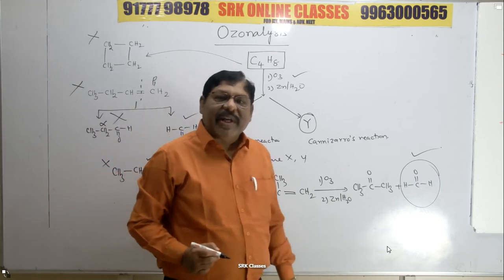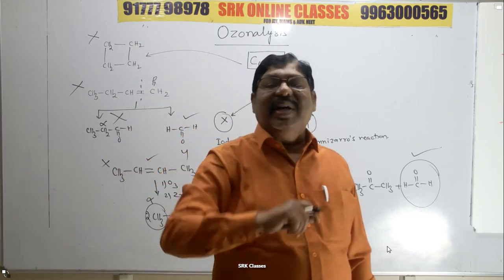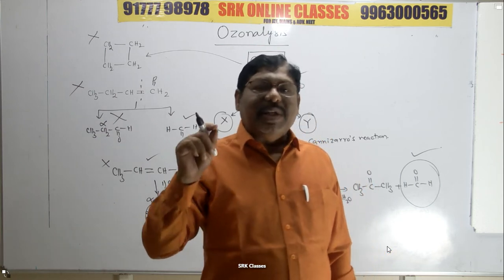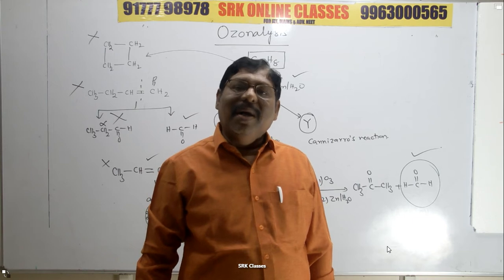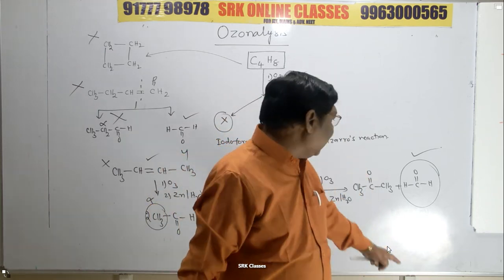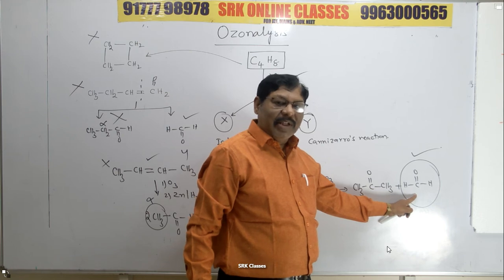What is the condition for the Cannizzaro reaction? Carbonyl compounds which do not have an alpha hydrogen atom, in the presence of alkali, undergo disproportionation to give an alcohol and a salt of a carboxylic acid. Yes, there is no alpha hydrogen atom, therefore it undergoes the Cannizzaro reaction.